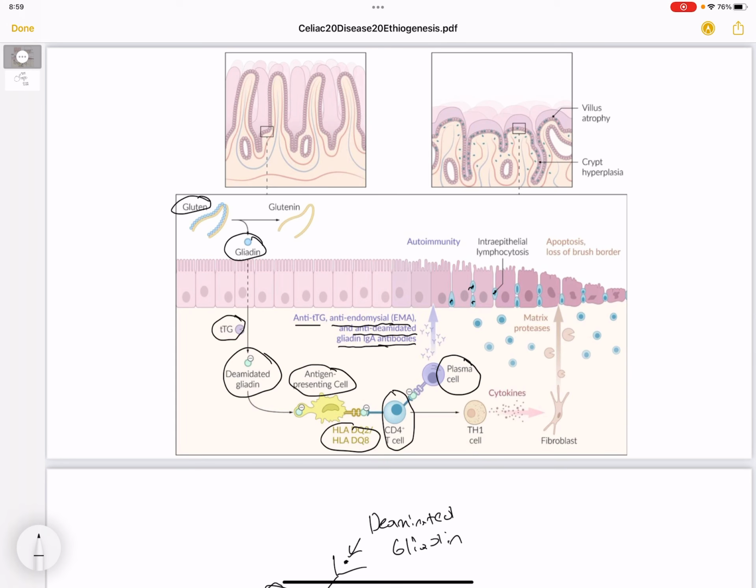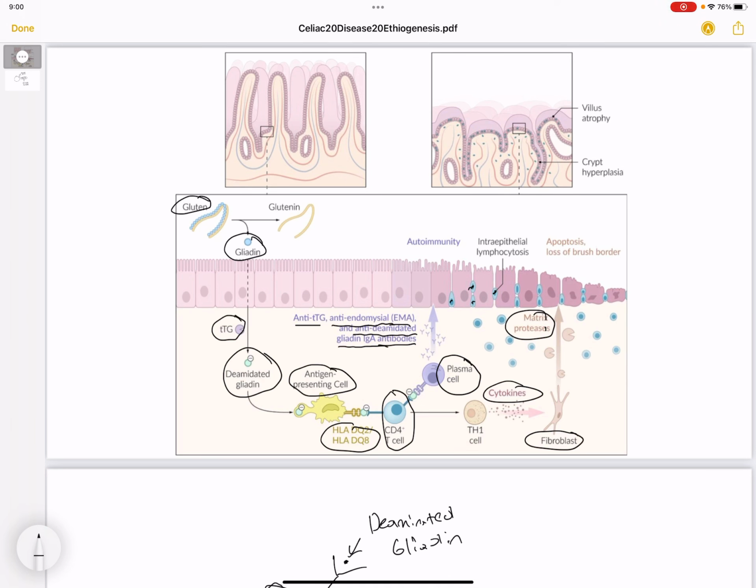Now, the second thing that is going to occur is our T helper cells are also going to produce cytokines. And the cytokines are basically messages, and they're going to signal the fibroblasts to produce proteases, and these proteases are going to destroy the villi that are found in the membrane of our small intestinal cells.